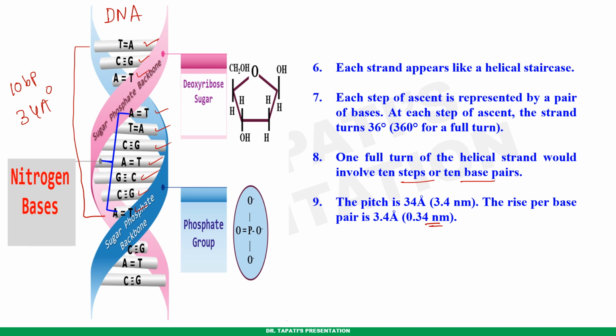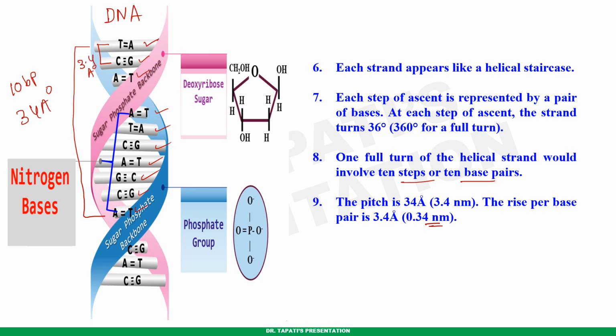So distance between two base pair is 3.4 angstrom. So all mathematical calculation if you do, it is very clearly visible. 10 base pair distance is 34 angstrom, so distance between two base pair, that is 3.4 angstrom.